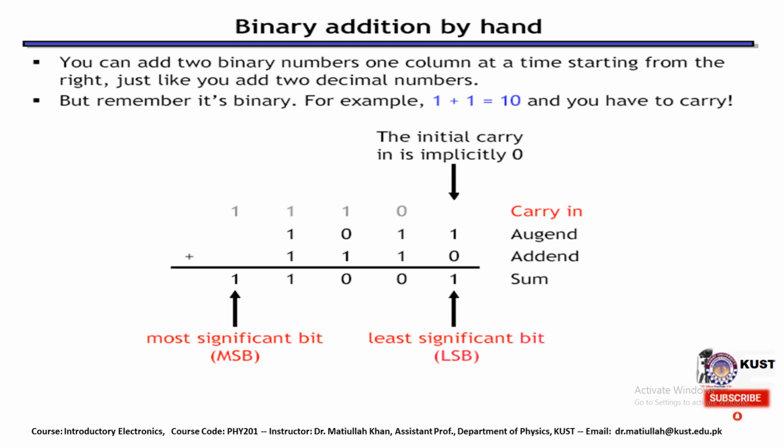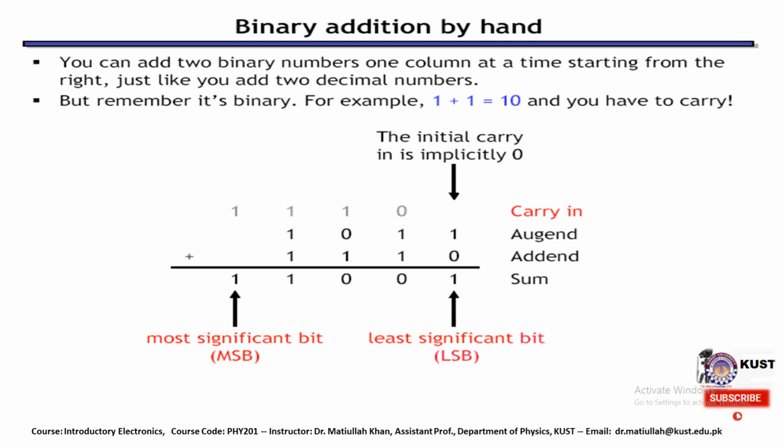But normally we are working with the binary number system in digital electronics, which has two digits, 0 and 1. 0 is normally used for the off position, and 1 is used for the switch on position.